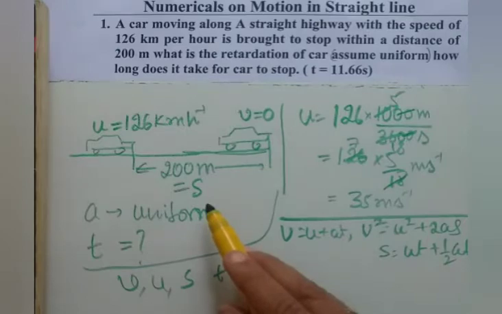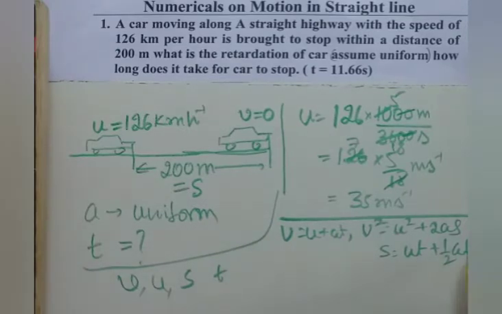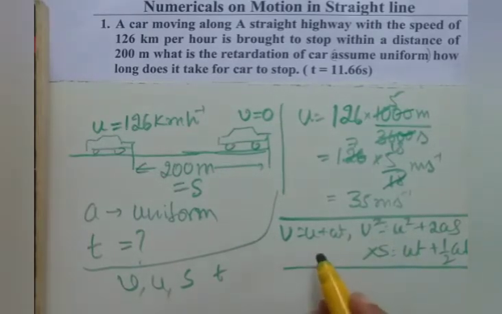We know S. We know U. Again, T is not known, so S cannot be used. Shall we use this to find A? We know V, we know U, and we know S, so A can be found out. So after this, observe, we have written all the 3 formulae and we got an idea.